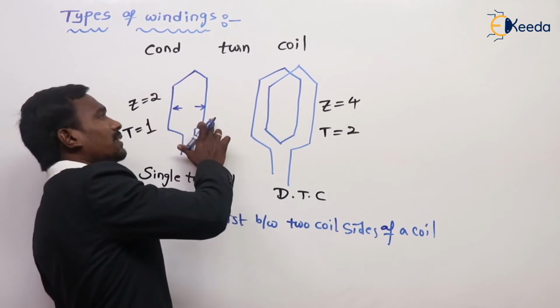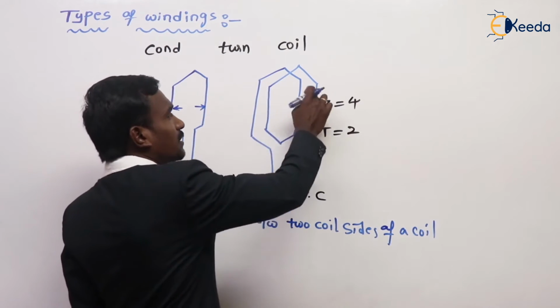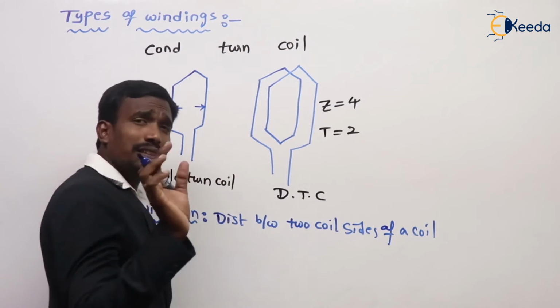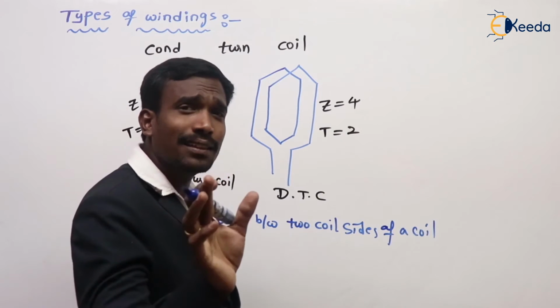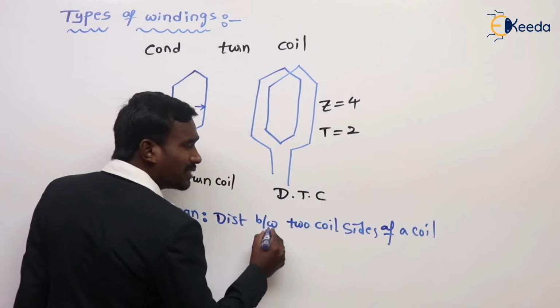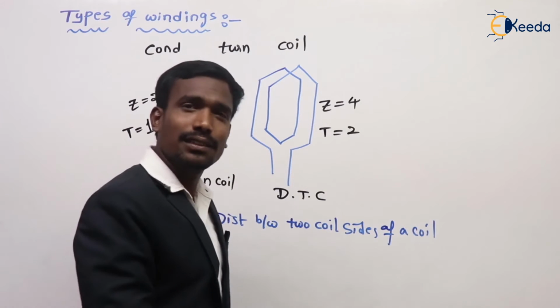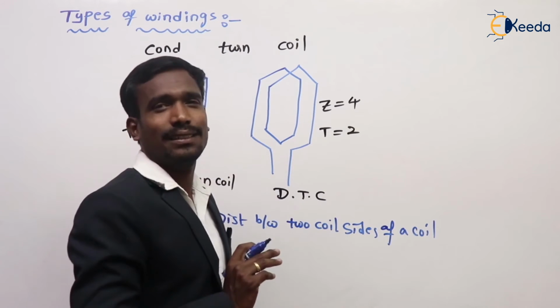This is the first side, this is the second side. So what is the coil span? The distance between two coil sides of a coil is called coil span.